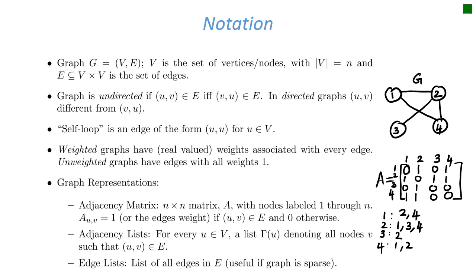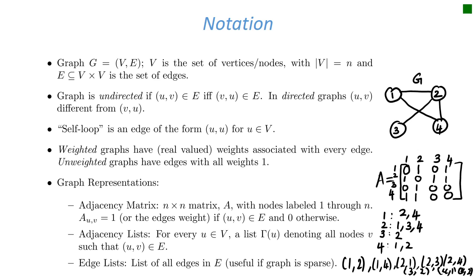For an edge list, I simply list all the edges in E. So in this case, I would list all the edges (1,2), (1,4), (2,1), (2,3), (2,4), (3,2), (4,1) and (4,2).